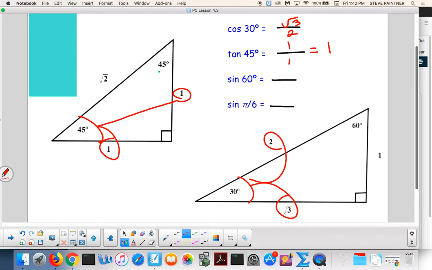Sine of 60, Caleb. Say again? Square root of 3 over 2. Okay. Sine of 60, here's 60. Opposite, square root of 3, over hypotenuse. Yeah, he got it.